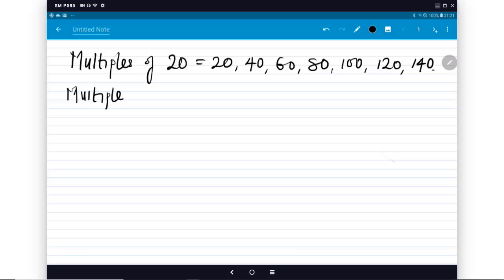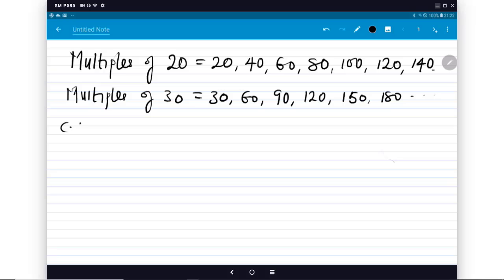Multiples of 30 are 30, 60, 90, 120, 150, 180, and so on. Now, the common multiples here, as you can see, we have 60, we have 120.